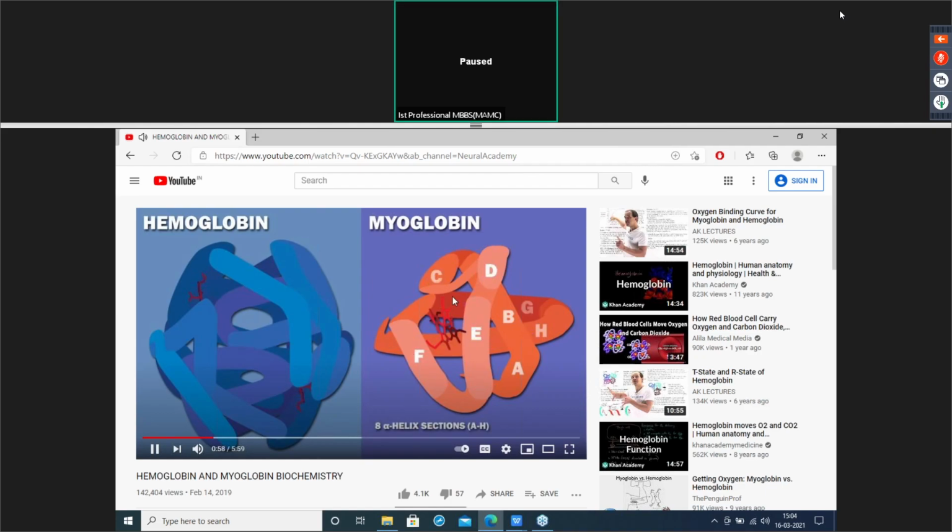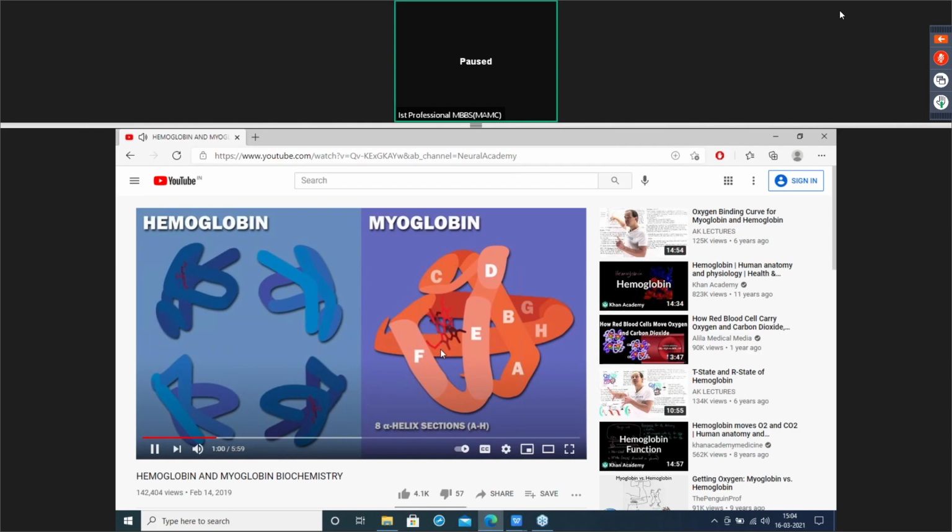These are the helical sections, 8 helical section and 1 heme moiety, 4 polypeptide chain.